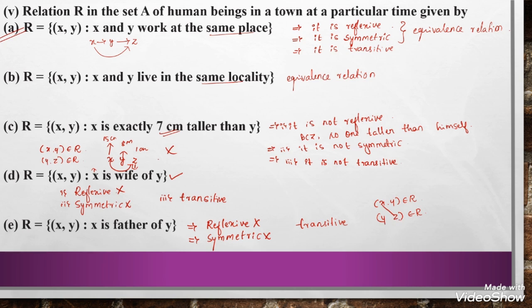While considering z, he is the grandson to x. So it is not possible. (x, z) is not related to R. He is the grandfather to him. Therefore, the transitive condition is also not possible.